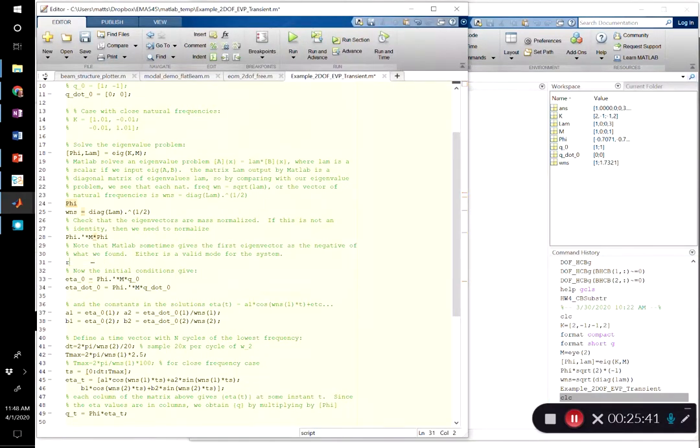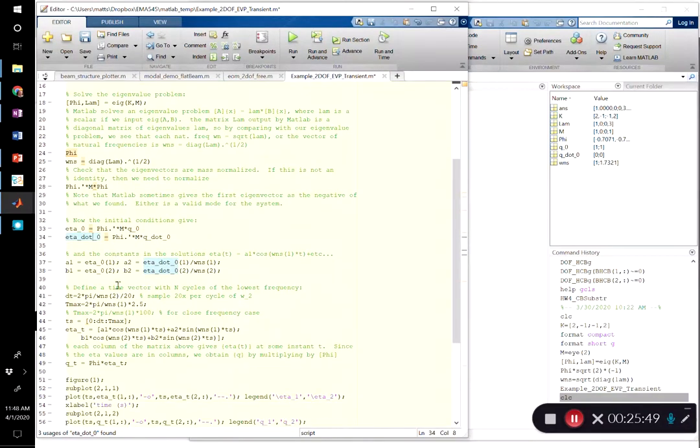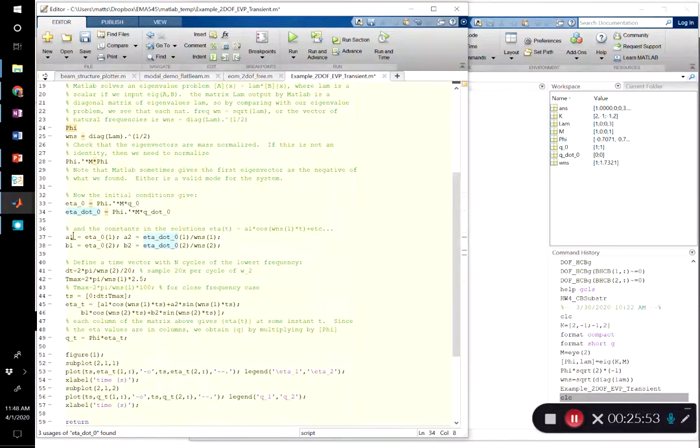Alright, so now we can use these equations to get eta at time 0, eta dot at time 0. And then, rather than using the special cases that we just did, I wrote this generally. So we could then show that A1 is eta 1 at time 0, B1 is eta 2 at time 0.